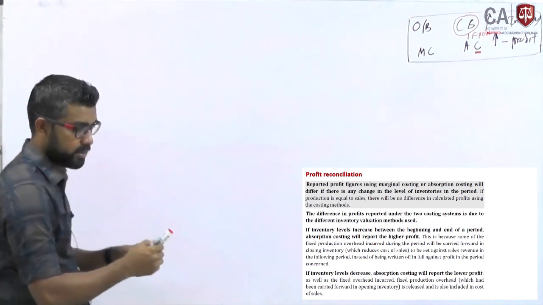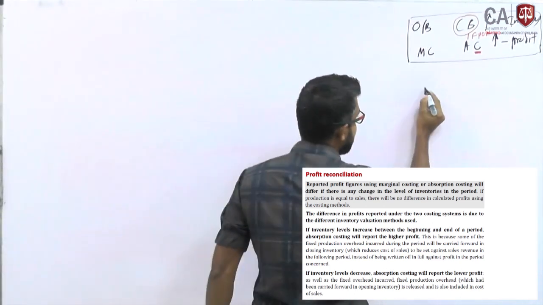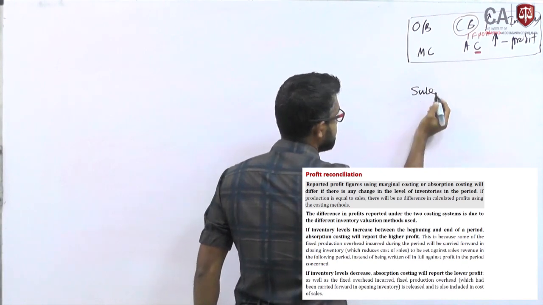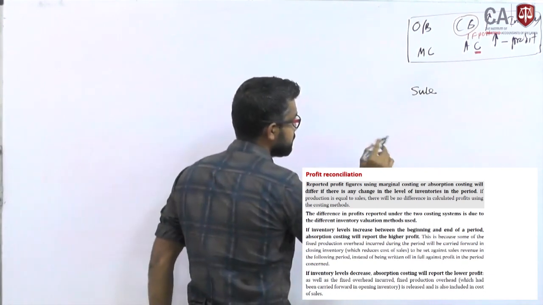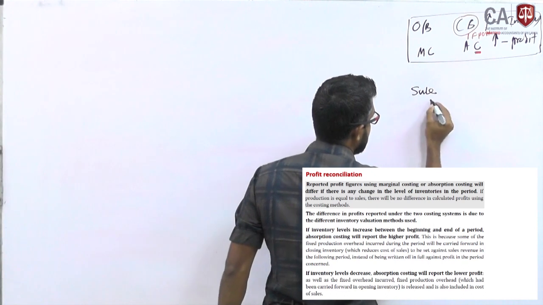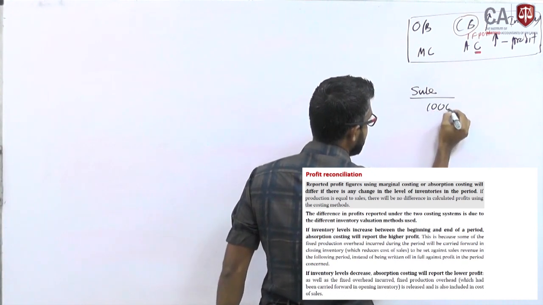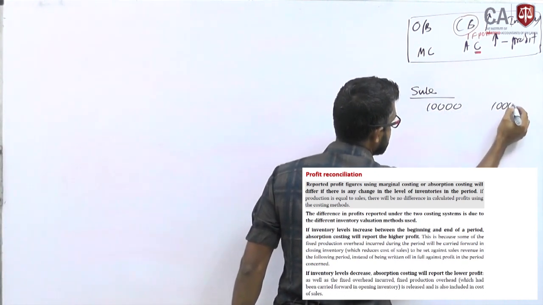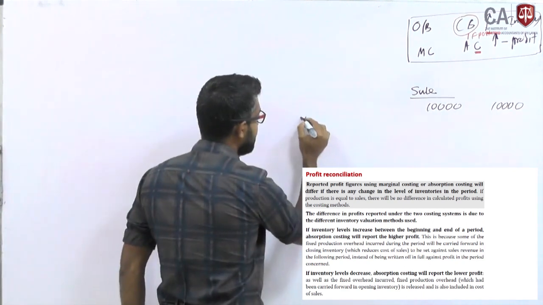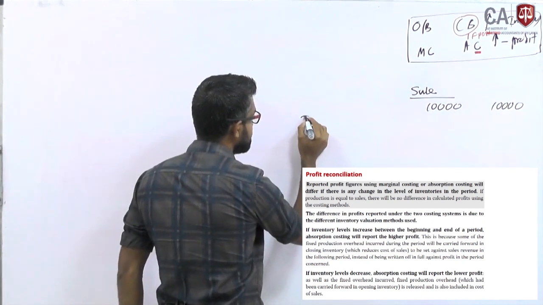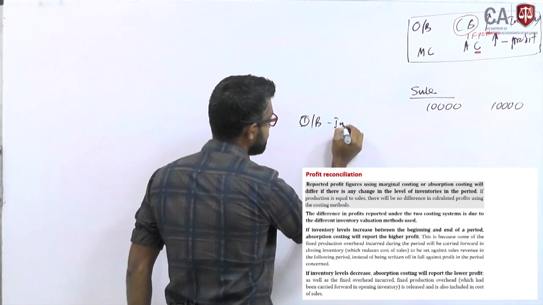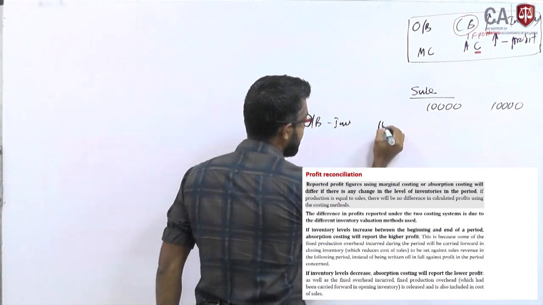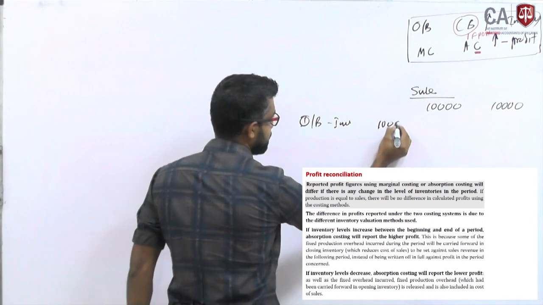Another example I will take. Now let us say sales 10,000. Inventory, opening balance inventory, simple example, let us say 1,000.